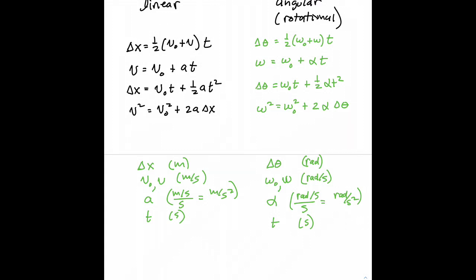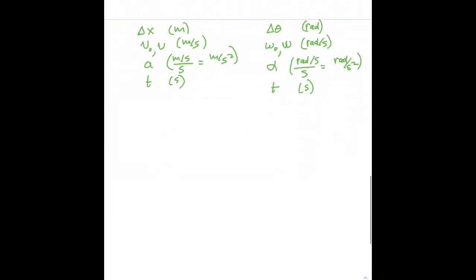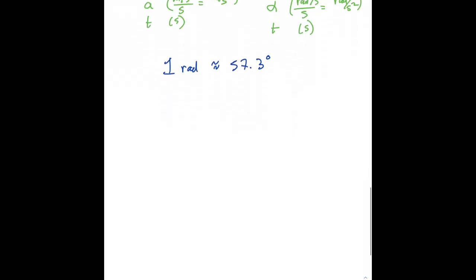At this point, it's probably a good idea to review what a radian actually is. So we can state that 1 radian is approximately equal to 57.3 degrees, and we can show that graphically by drawing the unit circle and noting that an object would have to displace about that far along the perimeter of the circular path so that the path length s and the radius r are equal.